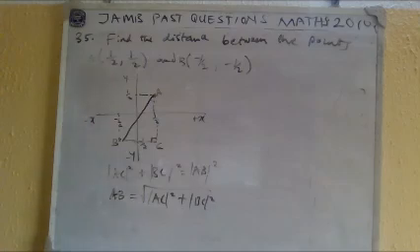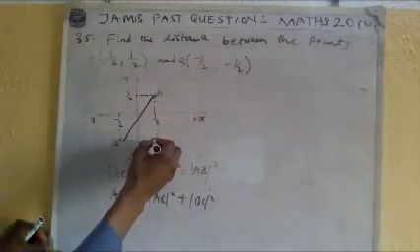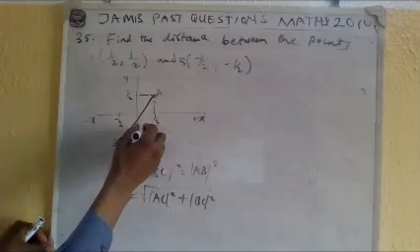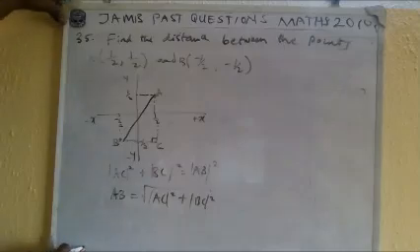But already you are given A as half, and I want to look for a way to explain this very well.